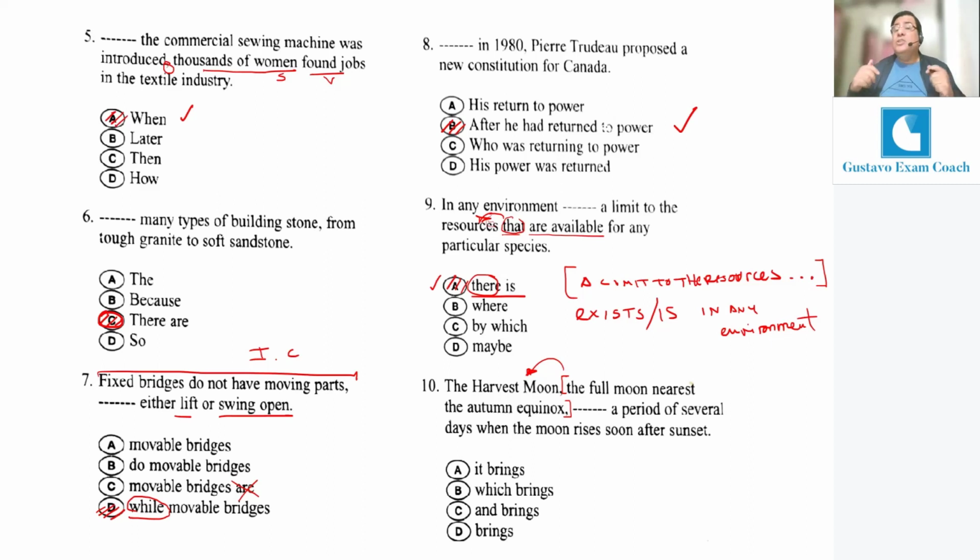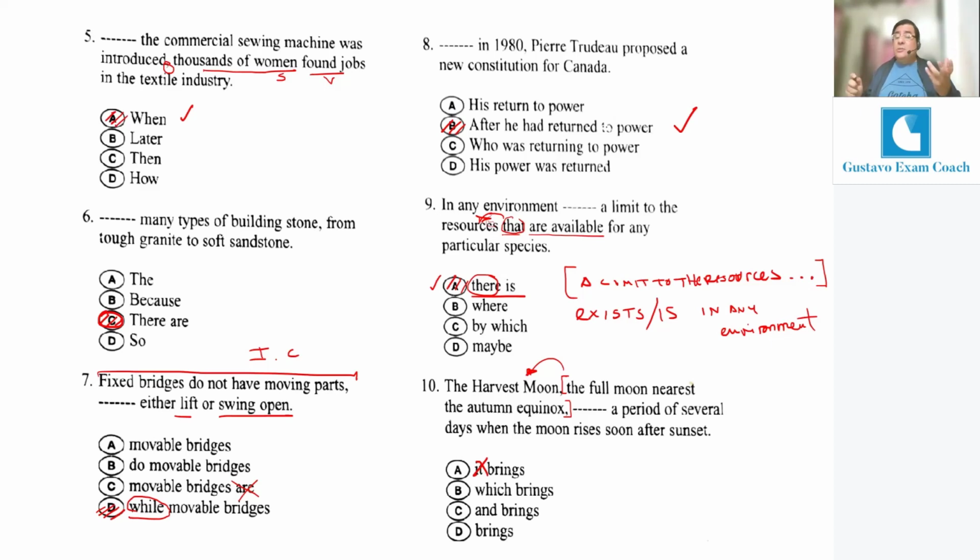We still need a conjugated verb for the subject of our independent clause. The harvest moon is the subject of that independent clause. So the harvest moon, it wouldn't be correct because we would have a repeated subject here. The harvest moon, which brings a period, would become, with the rest of the sentence, an adjective clause for harvest moon. But what is the conjugated verb?